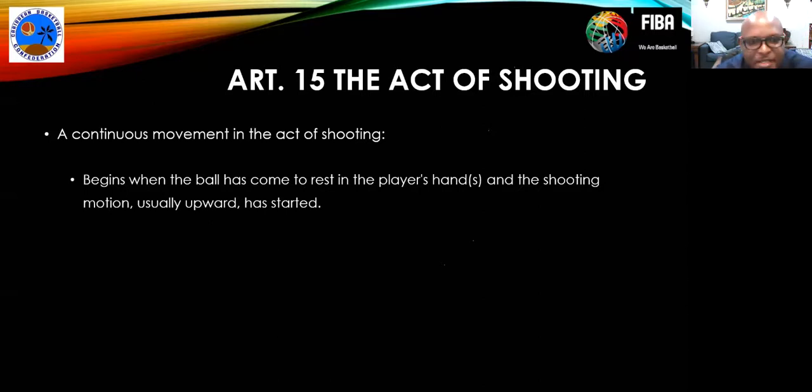Let me answer this. Let's answer this in sequence. We agree that every time there is a violation, the clock stops. Correct? Sorry about that, yes. So in the sequence in which things happen, and this is our judgment in any rule that we look at, any infraction that we look at in the game, we must follow the sequence in which they happen.